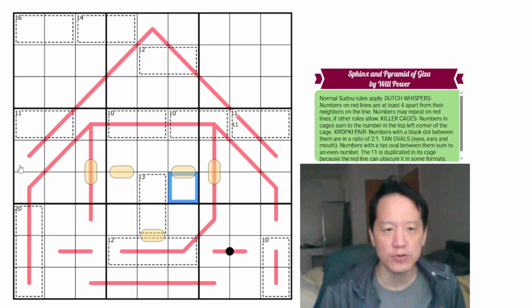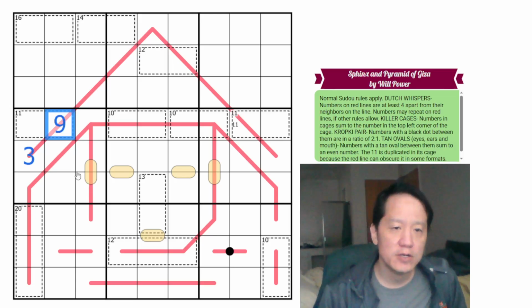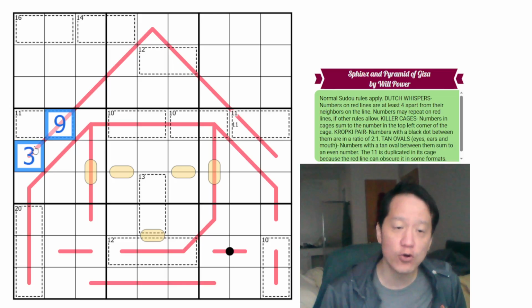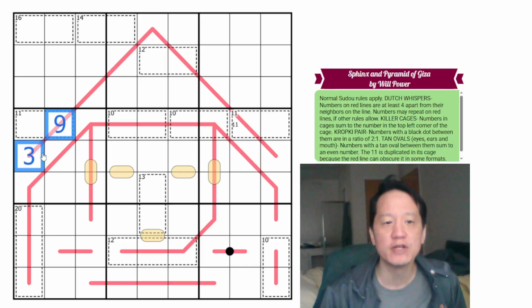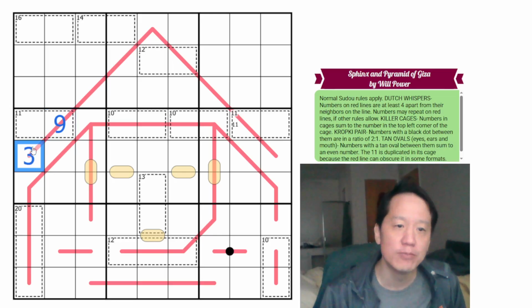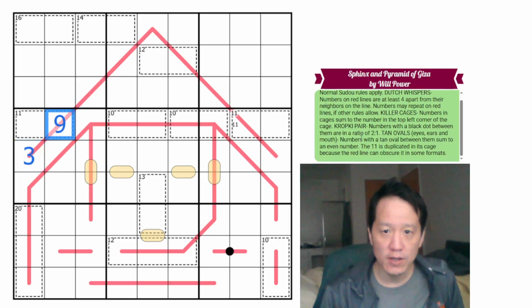So for example, if this were a 3, this would have to be a 7, an 8, or a 9, because the only digits that are 4 or more away from 3 are specifically 7, 8, and 9. So that's the rule set for Dutch whisper lines.